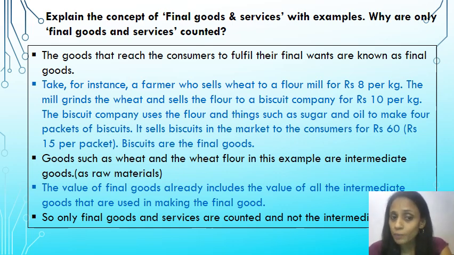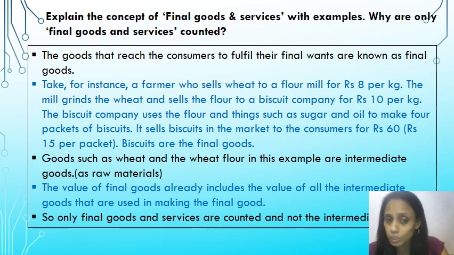Wheat flour is the raw material for the bakery and wheat is the raw material for the flour mill. So when we count final goods, we count only biscuits. Why should we not count wheat or wheat flour as a final good? Because wheat flour is a raw material in the process of biscuits. The value of the biscuits includes the value of the wheat flour. So we should not take it. And the wheat flour includes the value of the wheat.